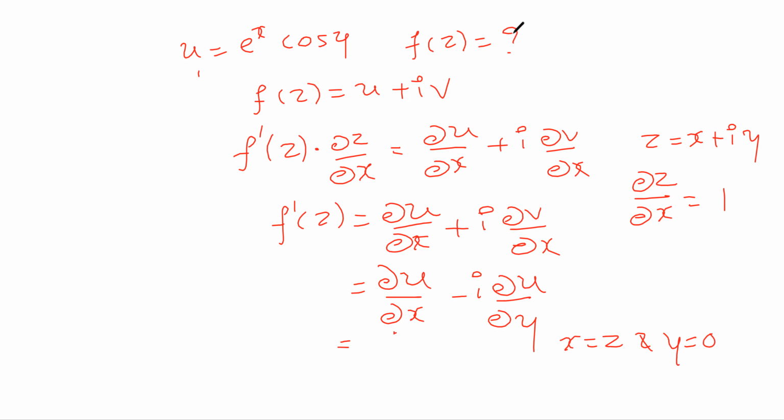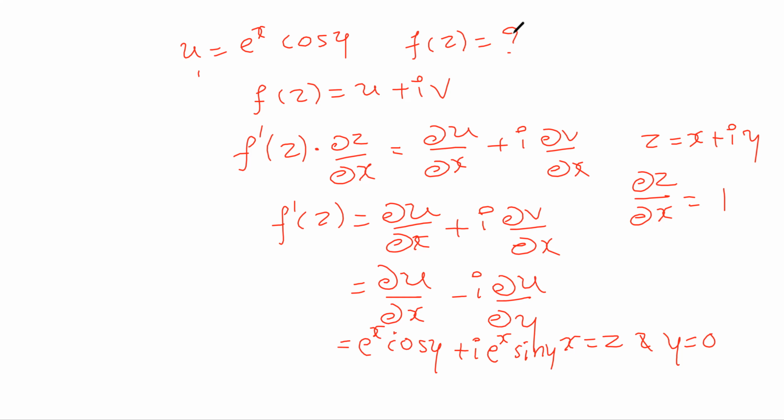Dou u by dou x is e power x cos y, and minus i into dou u by dou y, which is minus e power x sin y, becomes minus i into e power x sin y, right? I just substituted the values of dou u by dou x and dou u by dou y. Is it clear?